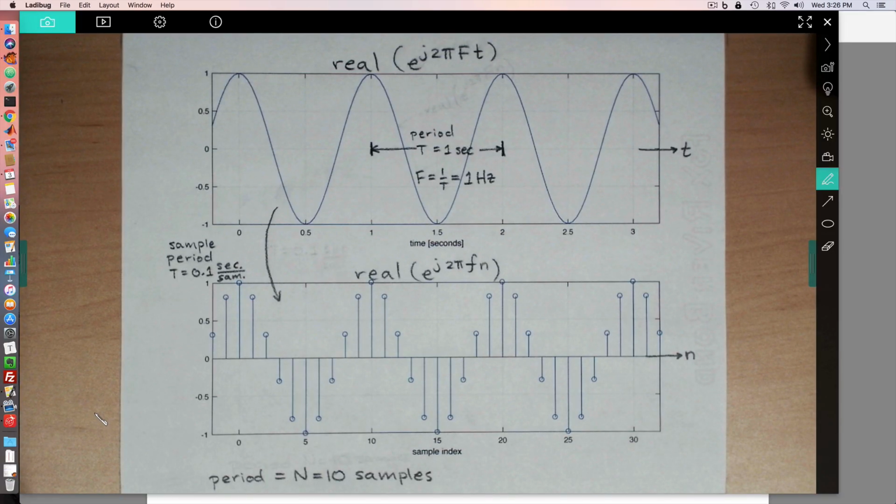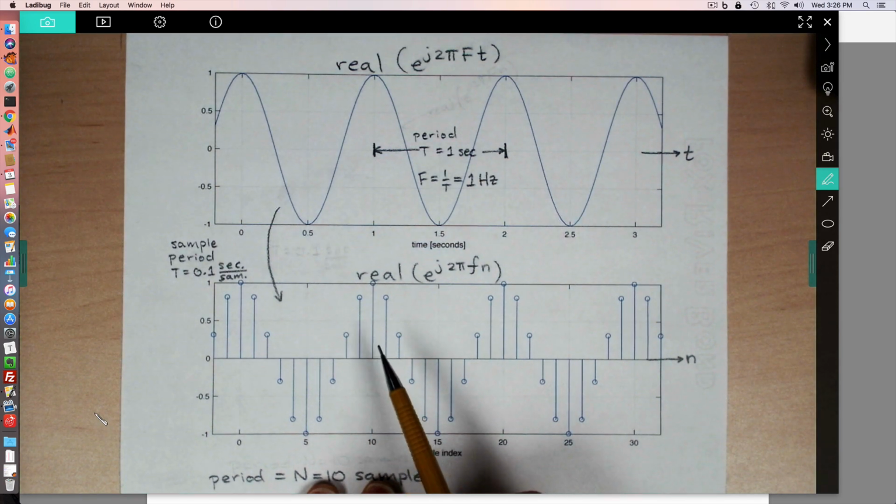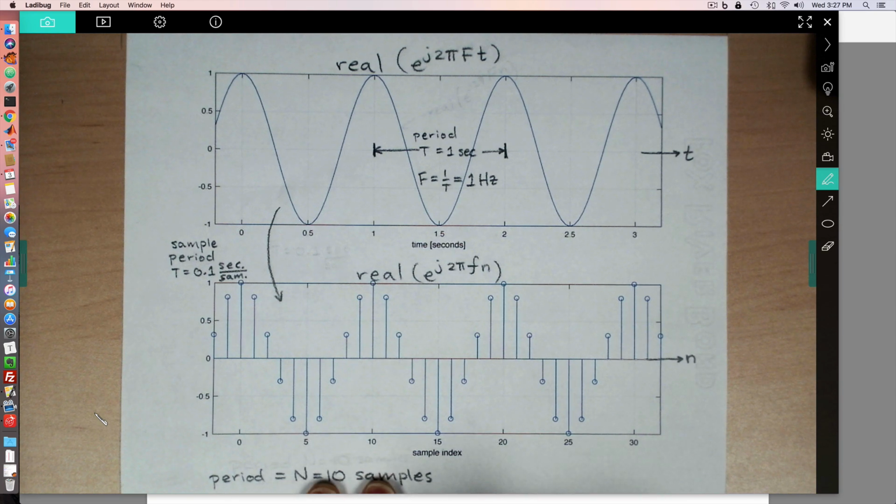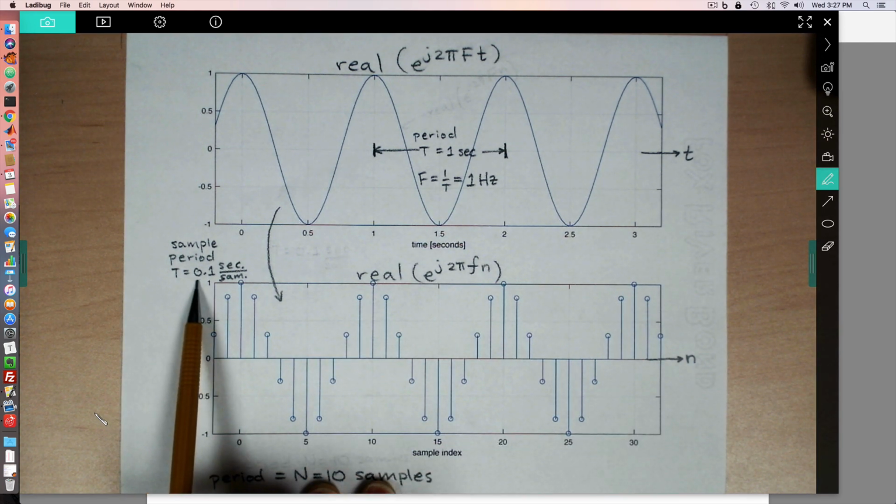All right, now just to set ideas, I have a picture here which compares a continuous time sinusoid. The complex exponential has a real part and an imaginary part that are both sinusoids. So think of this as being the real part of a complex exponential, and this is the continuous time sinusoid. The discrete time version of that is obtained by taking samples, and I let my sample period capital T equal 1/10 of a second.